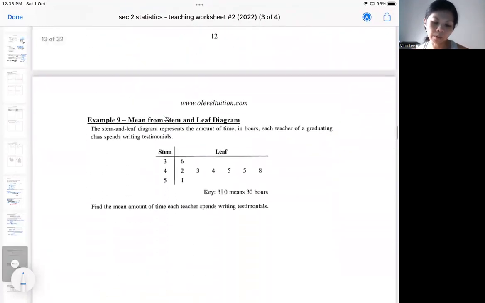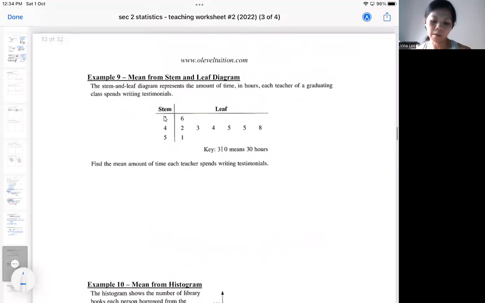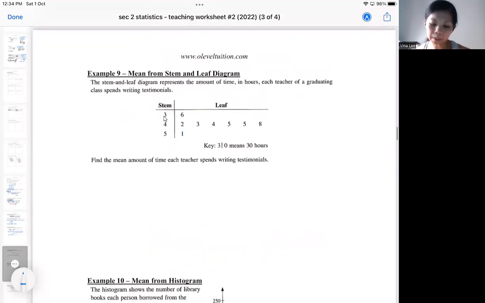Of course, you can also find the mean from a stem and leaf. From the stem and leaf, if you would like to know the mean, again, you must get the total time first. So in this stem and leaf, it represents the amount of time, and the unit is in hours, a teacher spent on writing testimonials.